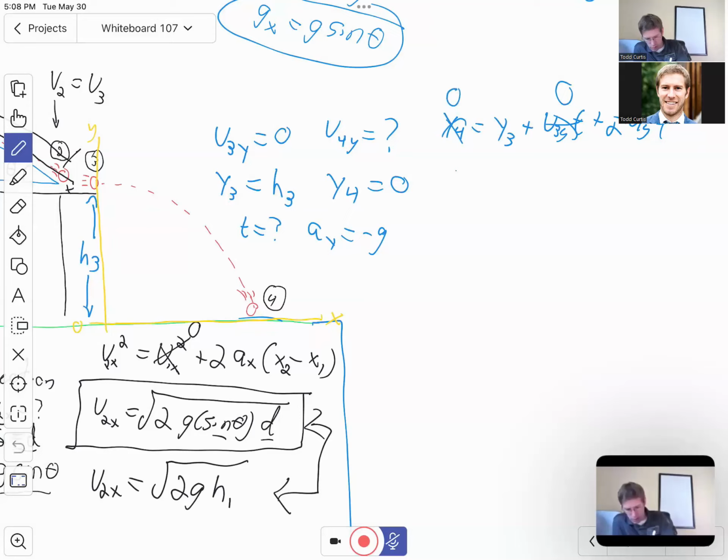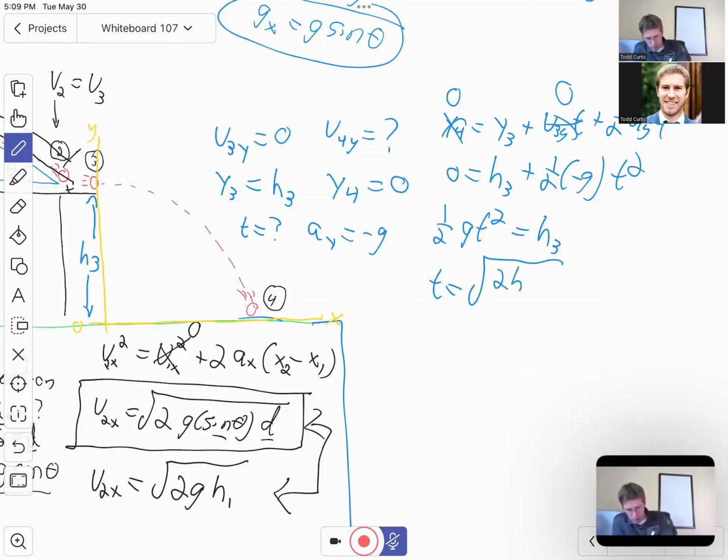What we're left with is 0 equals h3 plus 1/2 negative g times time squared. So we can move things around. 1/2 g t squared, it becomes positive on the other side, equals h3. If we multiply by 2, divide by g, and take the square root, you should get t equals the square root of 2h3 over g, and that would be your equation answer for question 3.